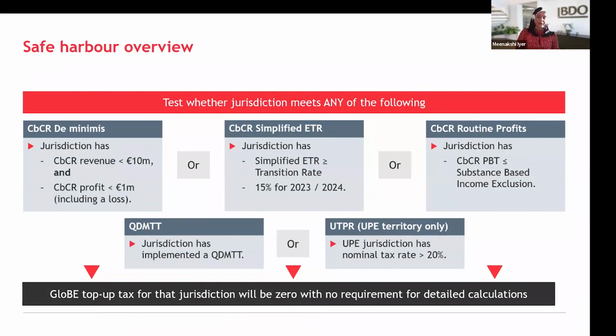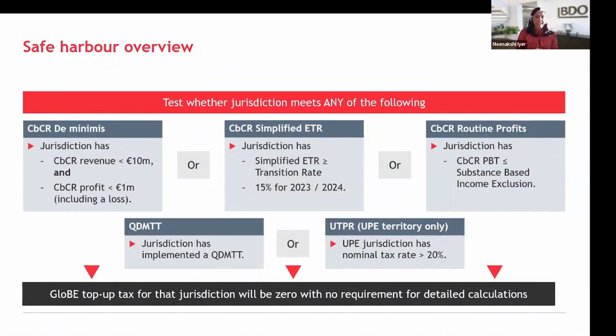If you have a constituent entity which is being held for sale, and therefore you probably don't have to include it in your C by C, but by including the revenue or the profit of that entity held for sale you breach the de minimis threshold, then you can't actually rely on this de minimis safe harbor. But this is helpful for many groups in eliminating certain jurisdictions which meet this criteria.